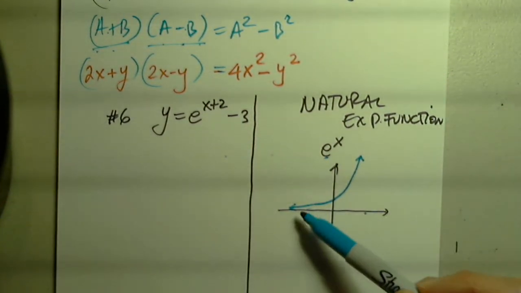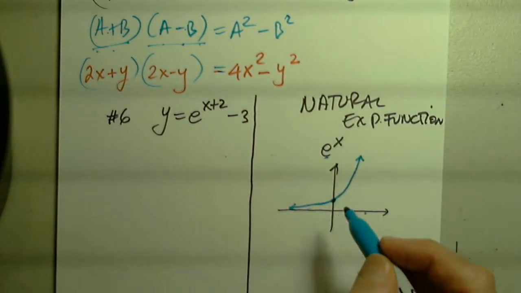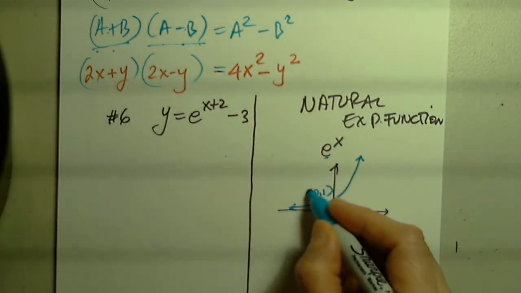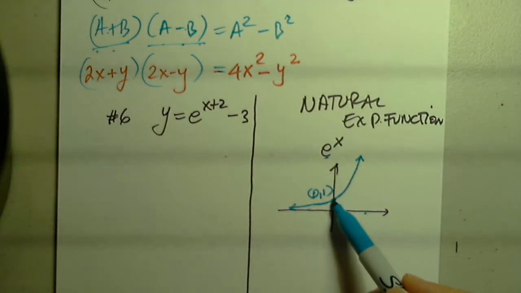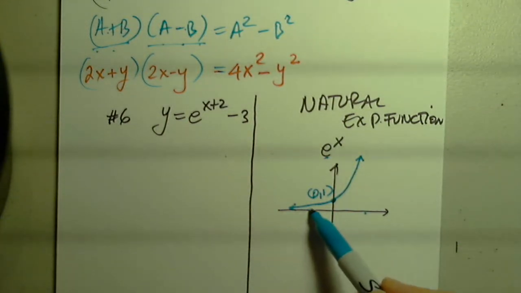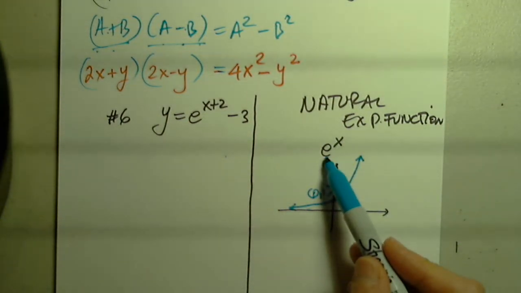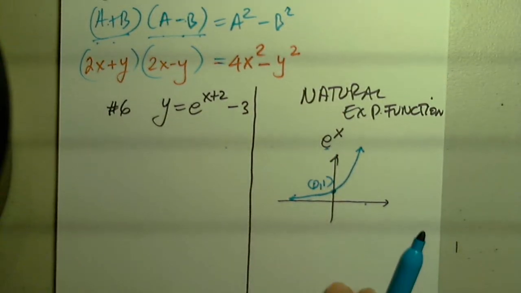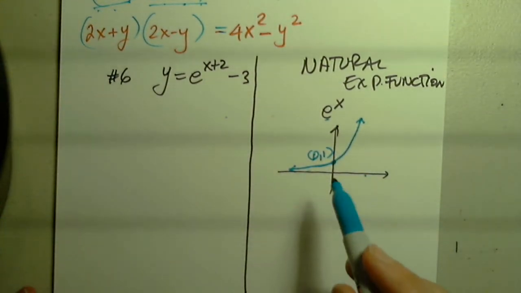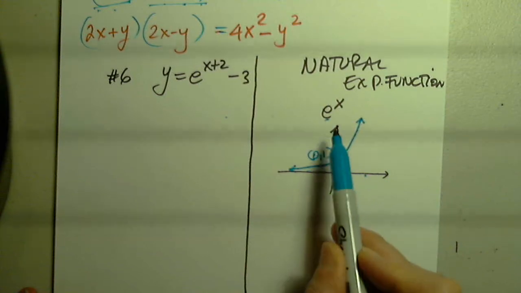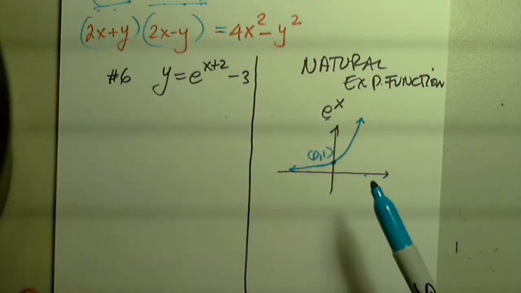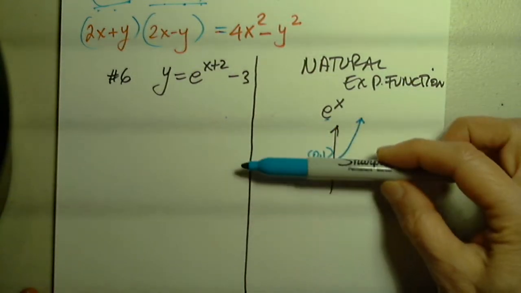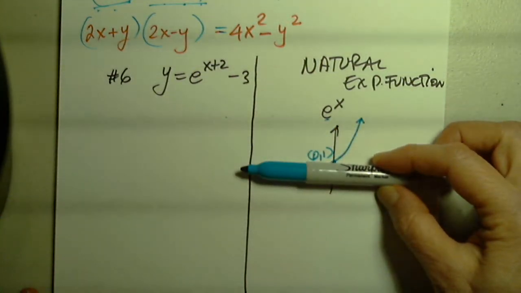Okay, so this is a function that always crosses at (0, 1). Why? Because when x is 0, y is 1. It's an increasing function because the base is greater than 1. And as you see, the domain of this pure exponential function is all real numbers. But for the pure exponential function, the range is different, right?